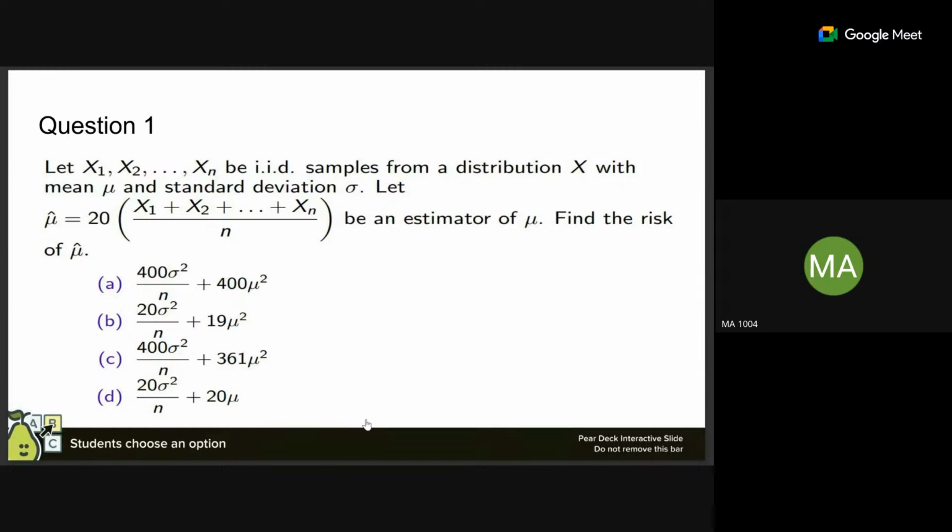Okay, done. We have discussed how to calculate this risk of an estimator.